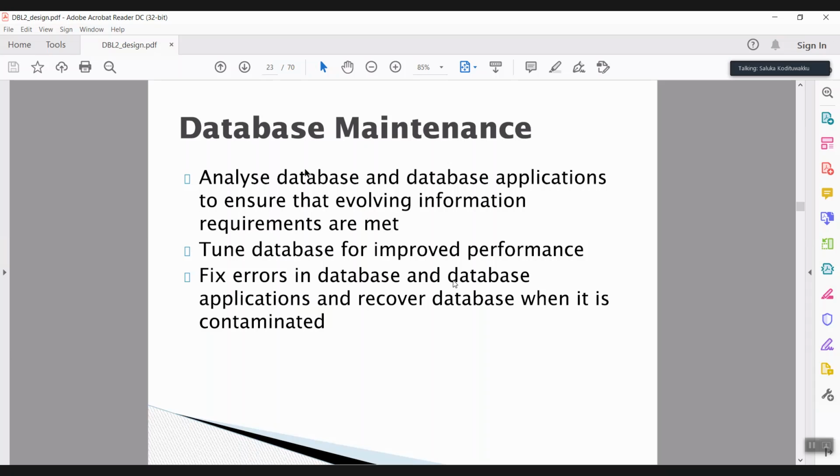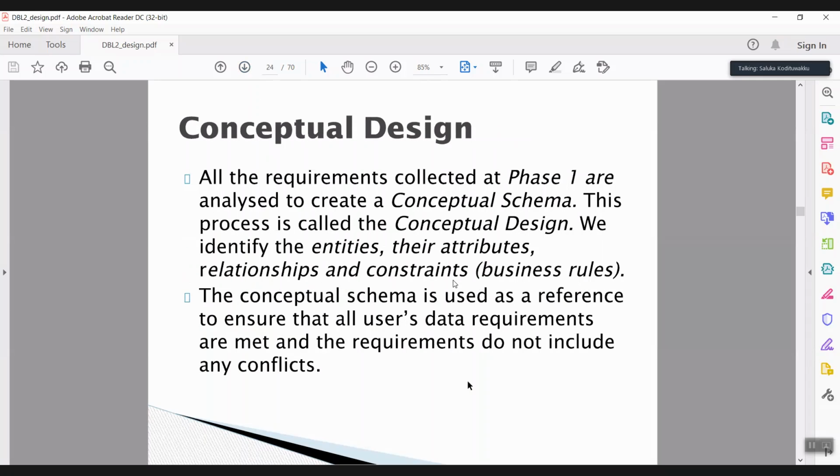Therefore, with ever changing user requirements, the database may need to be enhanced to facilitate new features. In addition, if there are errors, those errors should be fixed in order to make it usable again, and also to recover whatever loss occurred due to the failure.